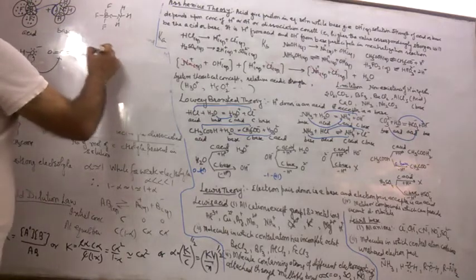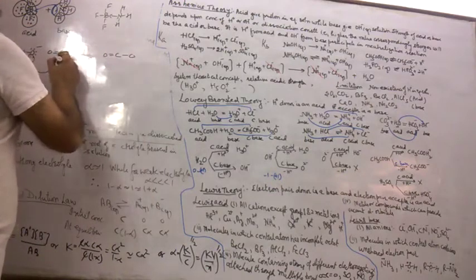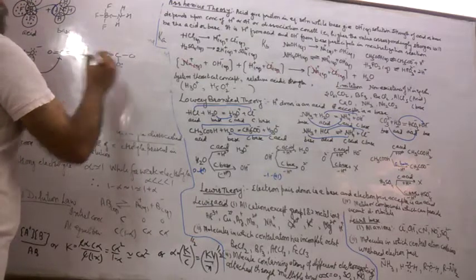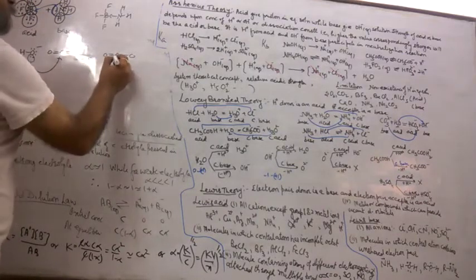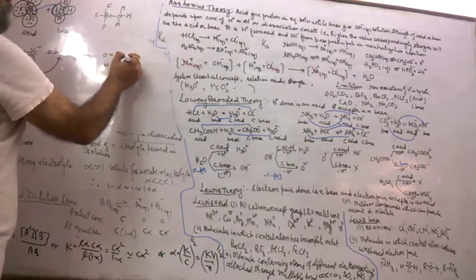When O double bond C double bond O accepts the electron pair, it forms a bond. The valence of carbon is completed 1, 2, 3, 4.